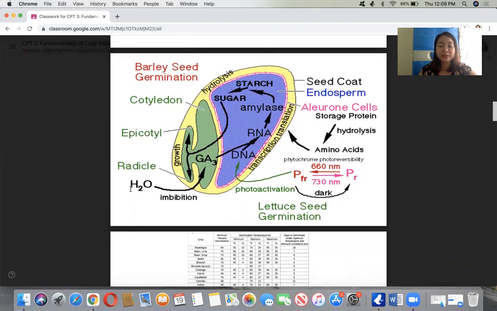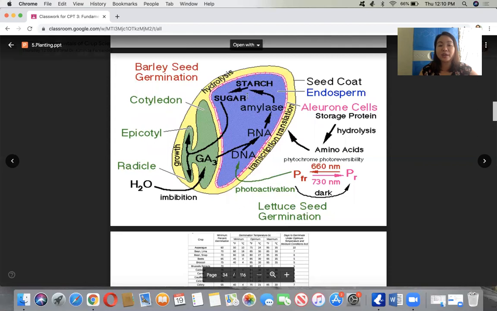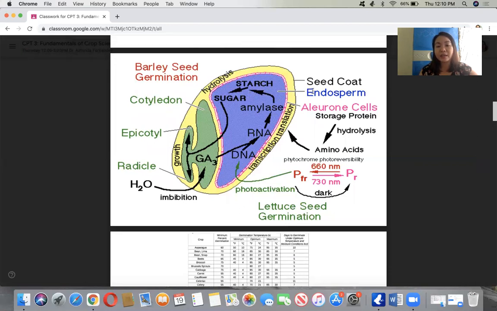In stage one, once the seeds imbibe or absorb water, it activates the embryo to produce gibberellic acid 3, the hormone responsible for translating DNA and RNA to activate the amylases, which are responsible for the degradation of starch into sugar, which they use for the growth of the radicle and the epicotyl.